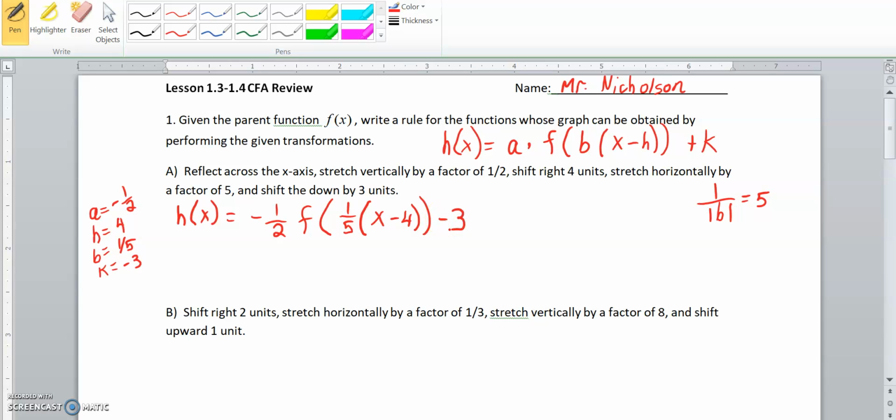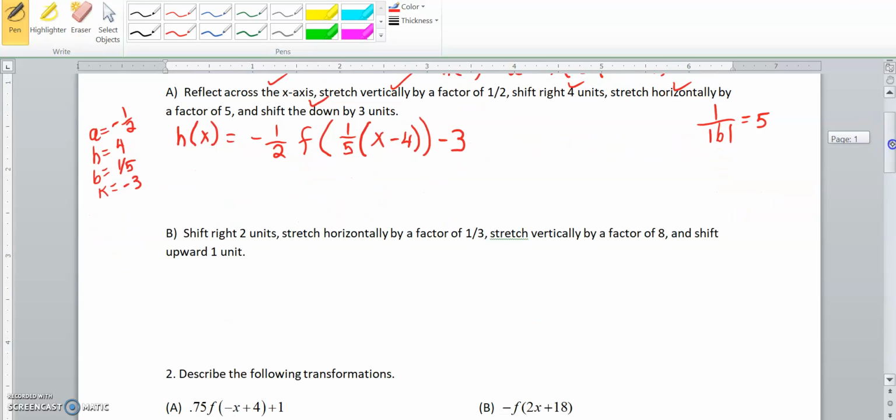So negative 1/2 f of 1/5 of x minus 4, minus 3. We have checked off: reflect, stretch, shift, stretch, shift. There we go. Moving on, number 2.